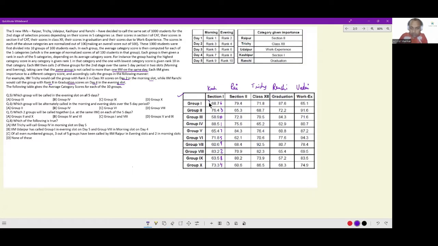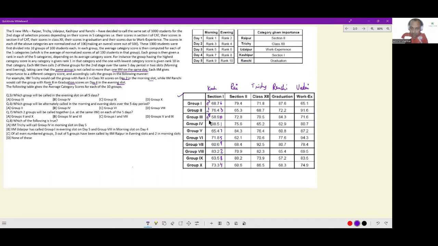This will be day 3 evening. Or 3 is day 2 morning. And then group 3 is day 5 evening. Basically, based on the number that is given according to the rank, I can figure out when they are being called.